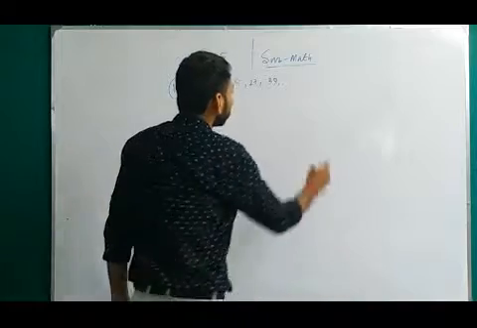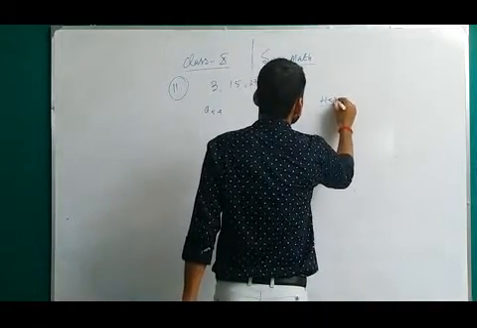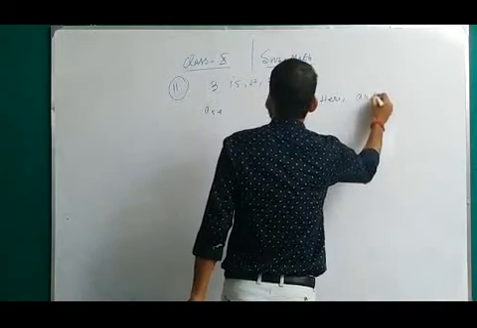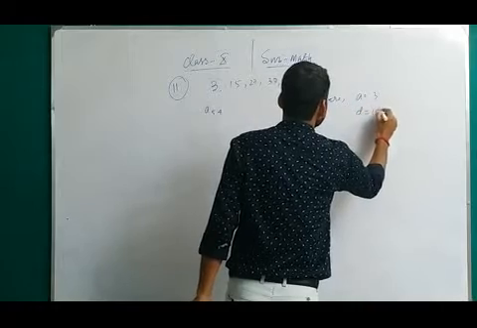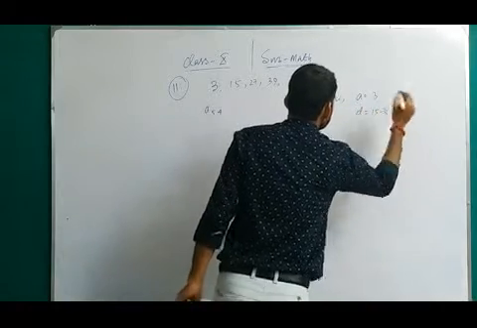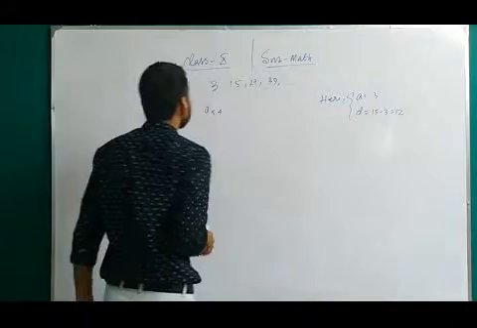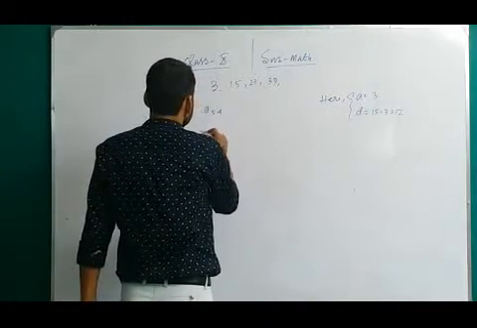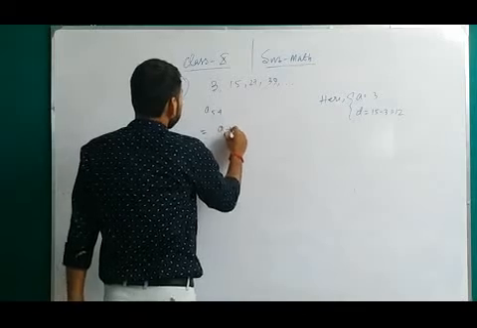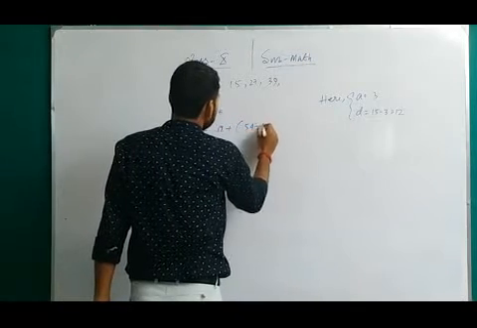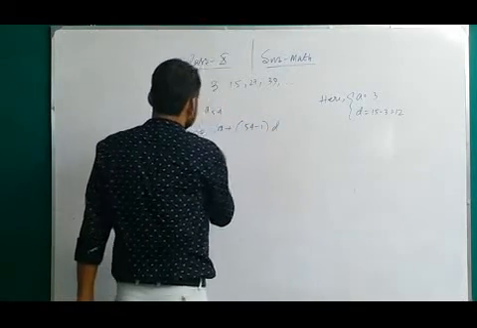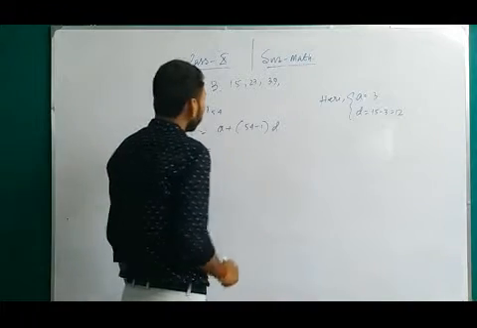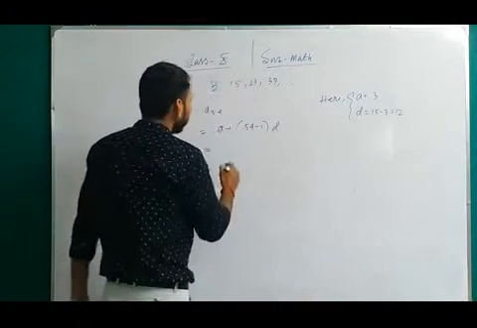So here you can see a equals 3 and d equals 15 minus 3, that means 12. Now we will find first of all a54. We know the formula of the nth term, a plus 54 minus 1 into d, and now we will put the values of a and d.